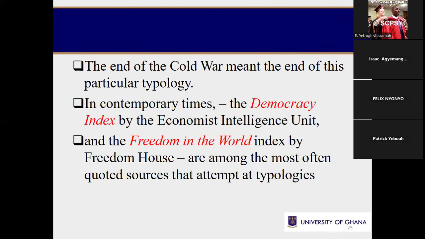So the Third World is a term that is commonly used, especially by geographers, and even political scientists will use it. Third world countries. But first world, second world, it is something that has ceased to exist.